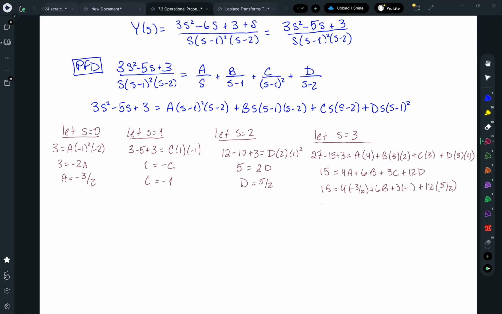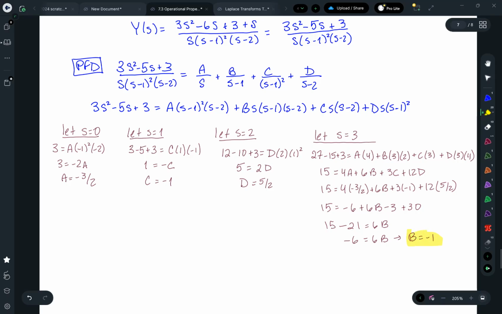Simplifying, I get 15 equals negative 6 plus 6b minus 3 and then plus 30. On the right, I have 30 minus 9, so that's 21. So I'm going to bring it over. 15 minus 21 is 6b, and 15 minus 21 is negative 6. So this means b is negative 1.